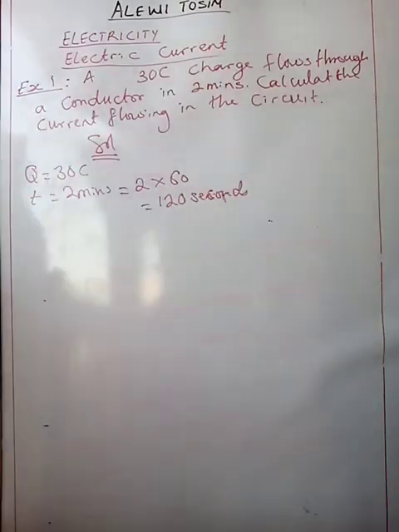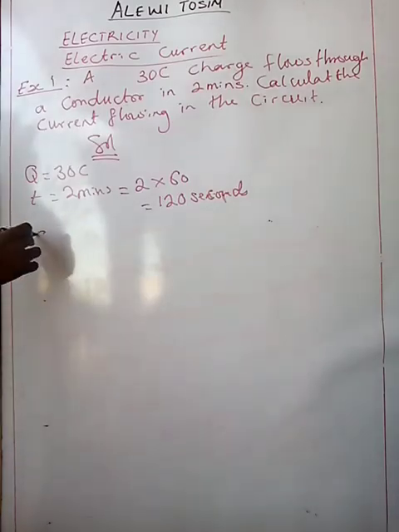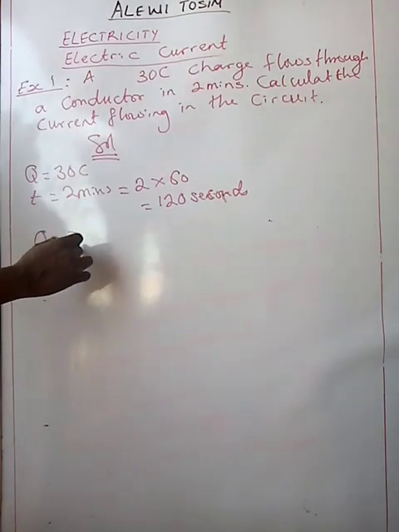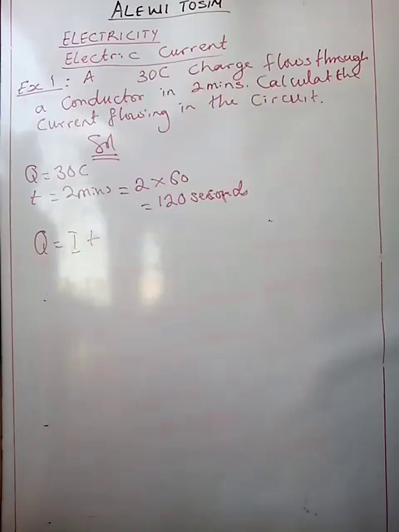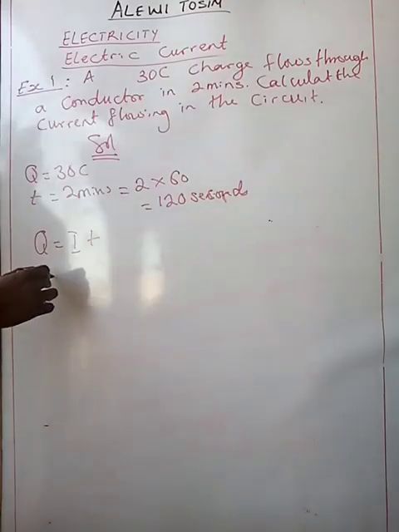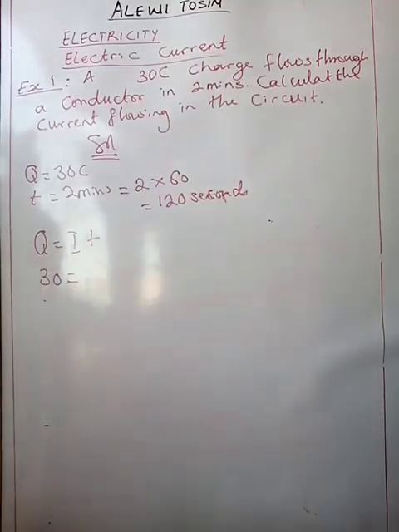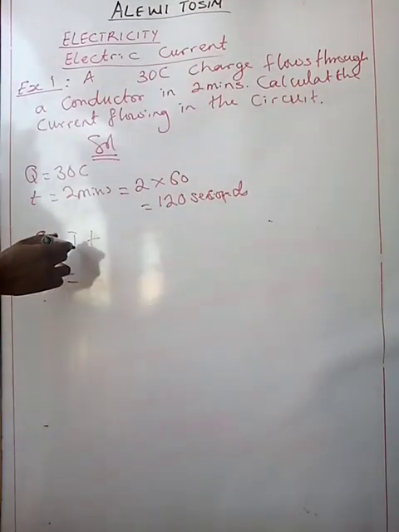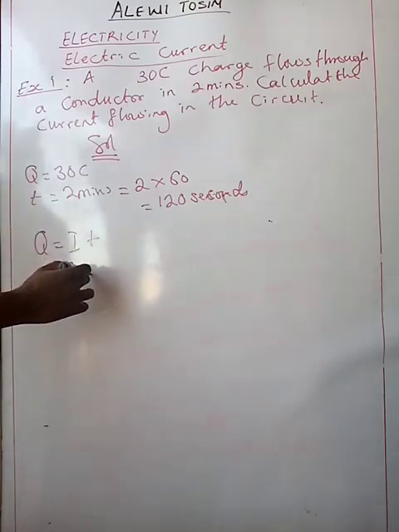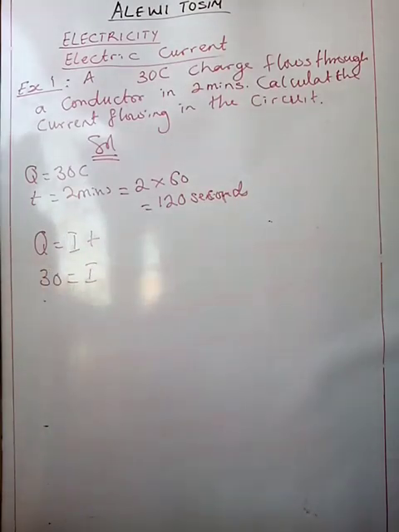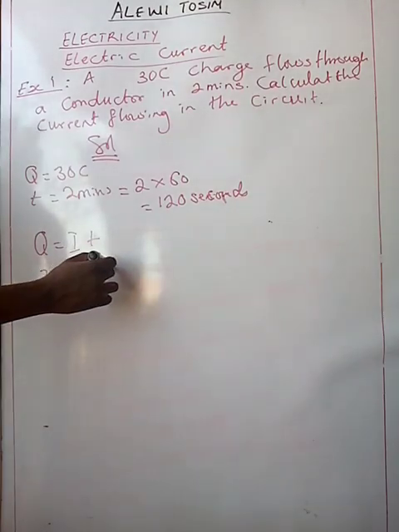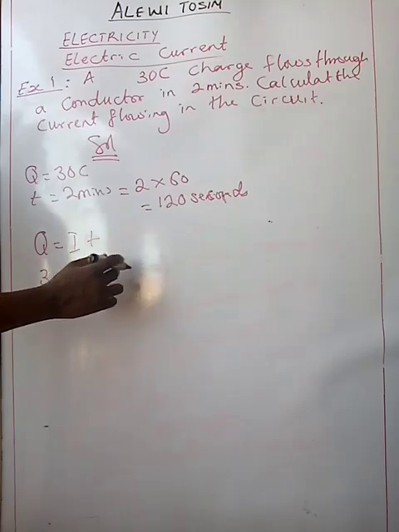Now, using the formula, Q is equal to IT, where Q is the quantity of charge, I is the current, and T is time. We are given the quantity as 30, the current is unknown, and the time is 120.